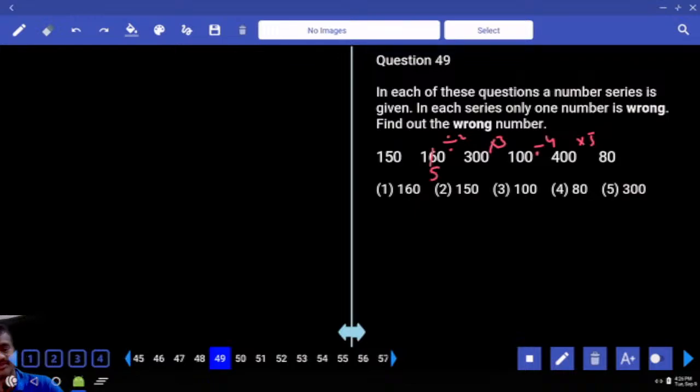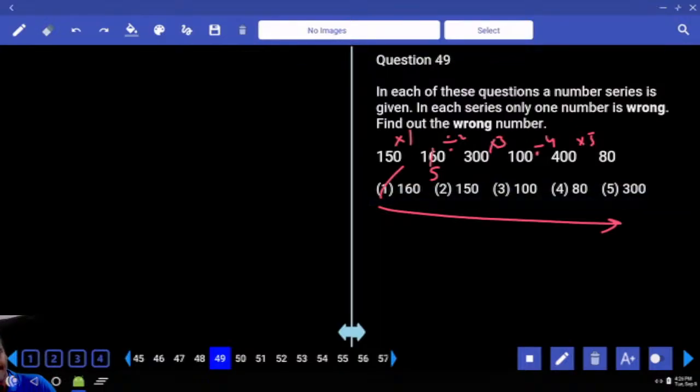Hence what is the number? 150. 150 into 1 is 150. From left to right it is into, and division. Then 160 is the wrong number, and 150 is the correct number.